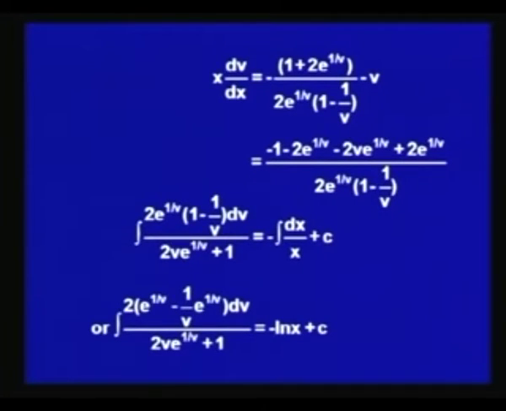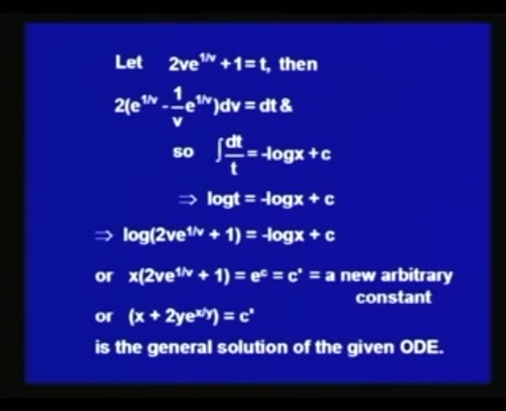So, we shall have integral of 2 e to the power 1 over v into (1 minus 1 over v) dv divided by (2v into e to the power 1 over v plus 1) equal to minus integral of dx over x plus c. Now, the denominator 2v e to the power 1 over v plus 1, when we put equal to t, we note that we get the derivative as 2 times e to the power 1 over v minus 1 over v into e to the power 1 over v into dv equal to dt, and so the equation becomes integral dt by t equal to minus log x plus c.